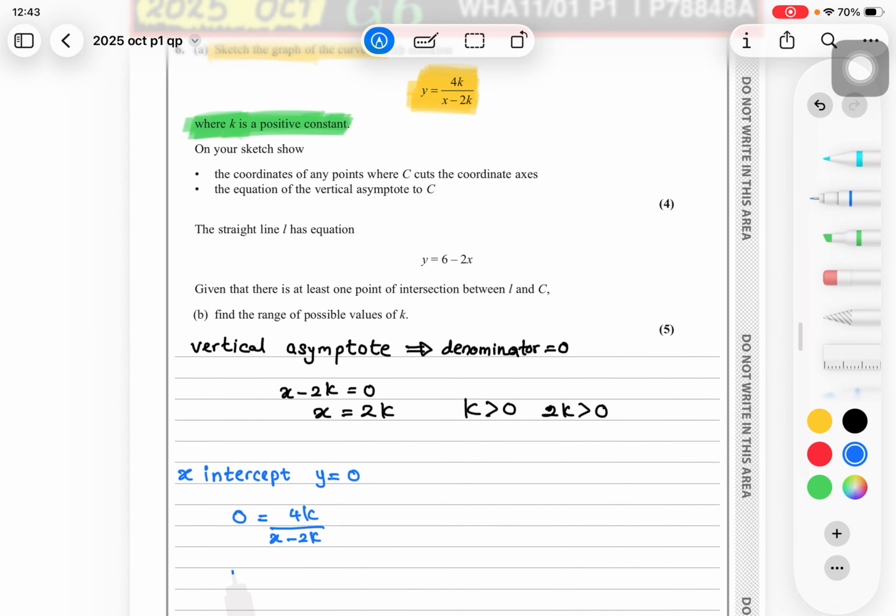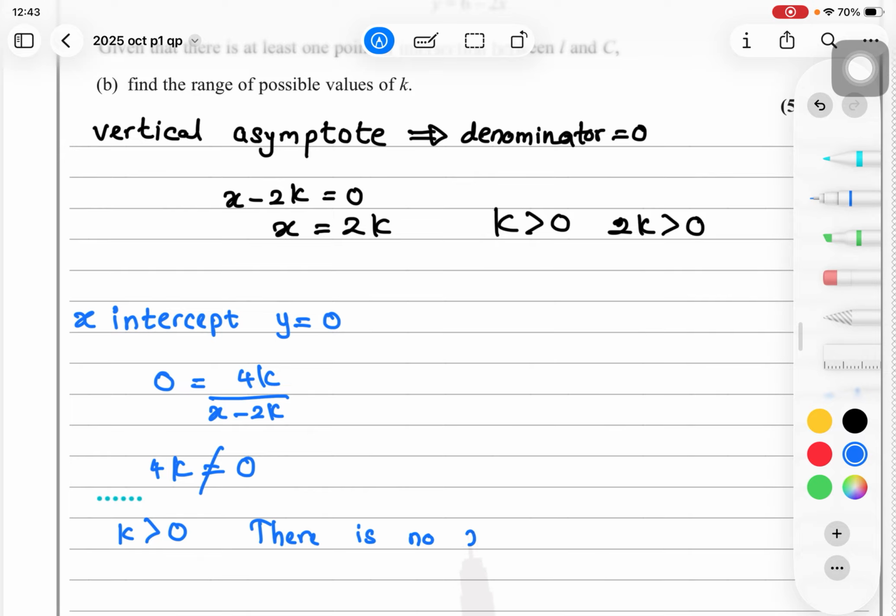So literally it will be 4k equals 0, but that cannot be 0, because k is a positive number. So there is no x-intercept. This is our second piece of information.